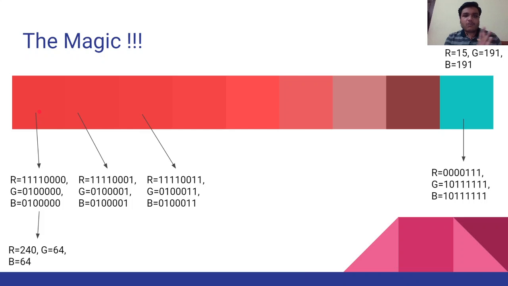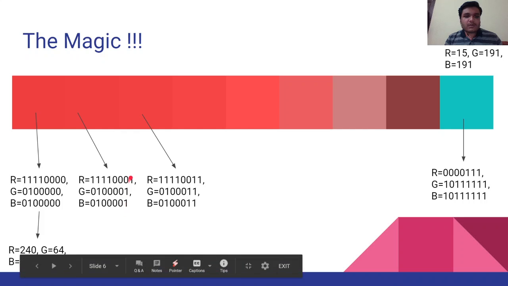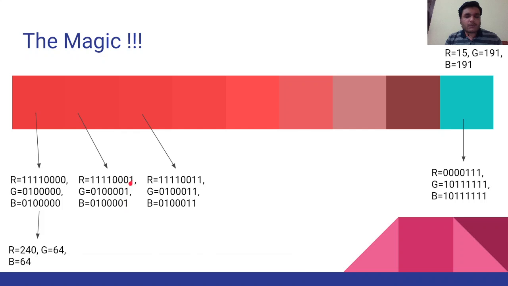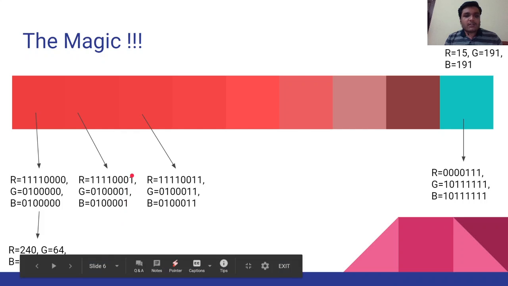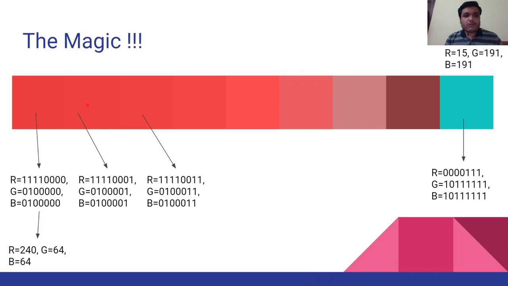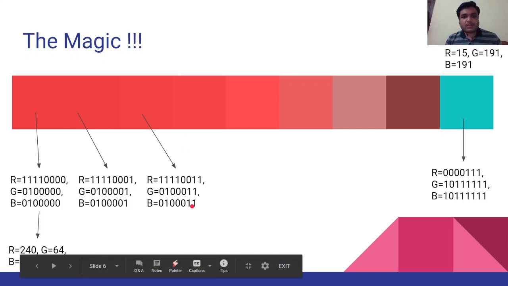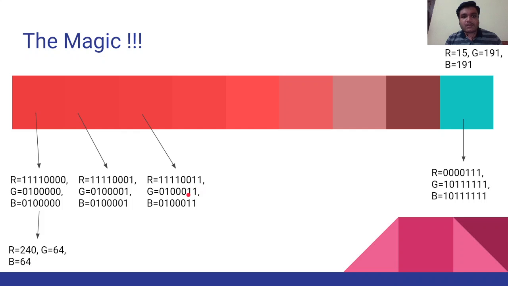Now, as we move from left to right, we are flipping the bits starting from the rightmost bit. That is, we are making the LSBs 1. So if I move from the first square to the second one, we have made the rightmost bit 1. From the second square to the third square, we have made the second rightmost bit also 1. That is, 2 rightmost bits have changed.